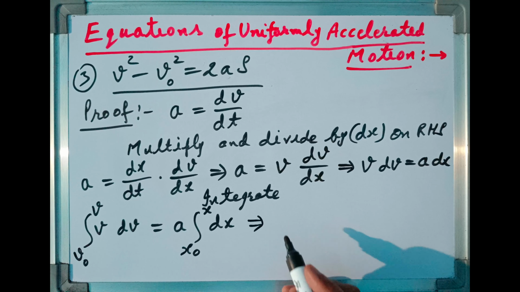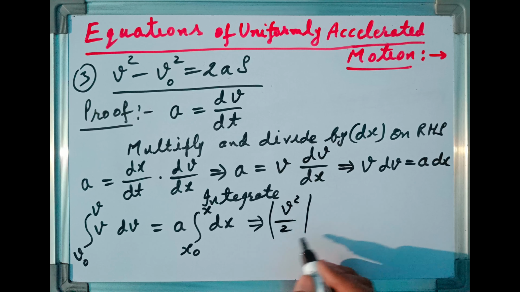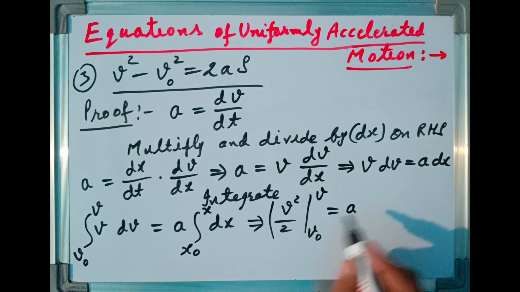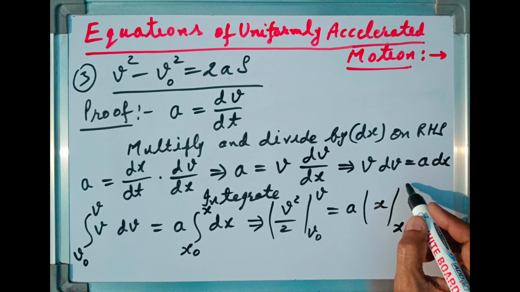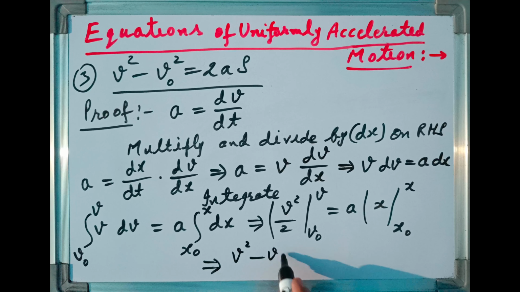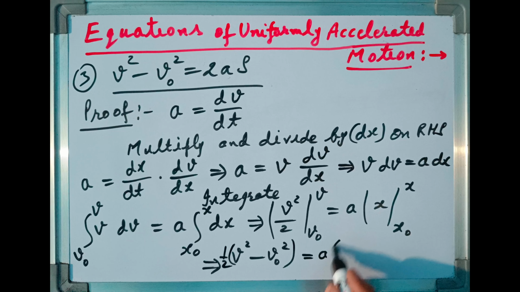Integration of left hand side gives us v square by 2 with limits v naught to v, equal to a times integration on right hand side, which gives x with limits x naught to x. After simplifying, left hand side becomes v square minus v naught square multiplied with half, is equal to a times x minus x naught.